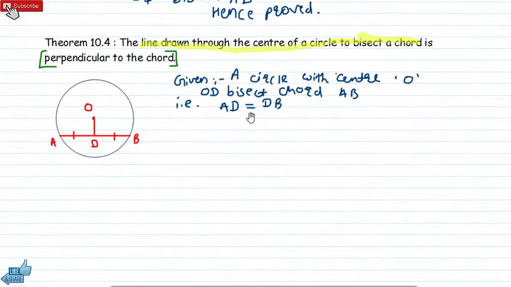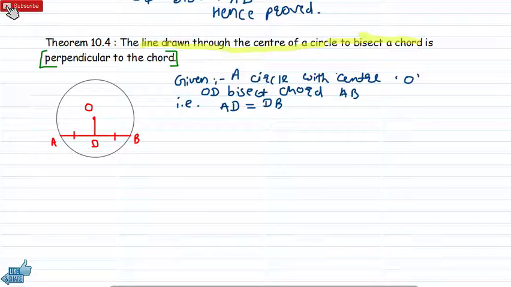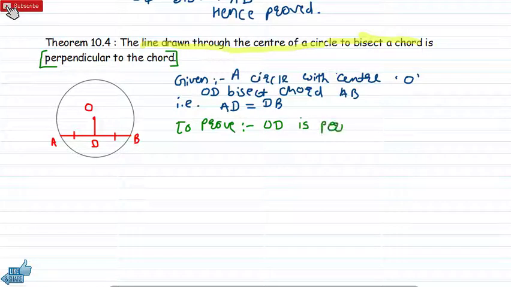So what do we have to prove? We have to prove that OD is perpendicular to chord AB.